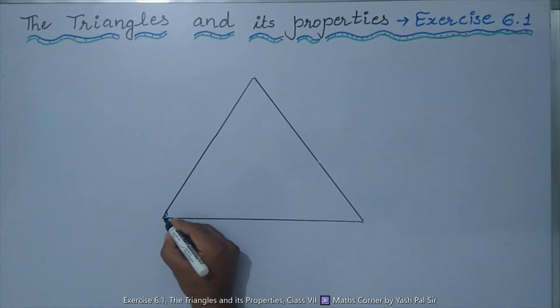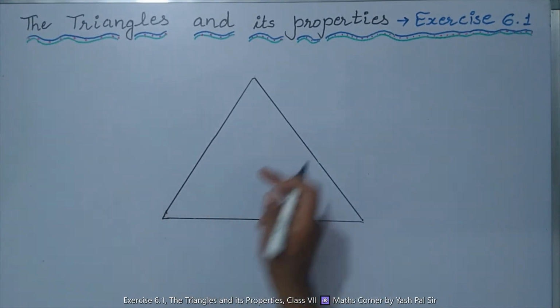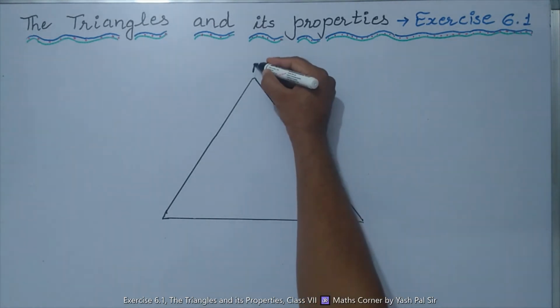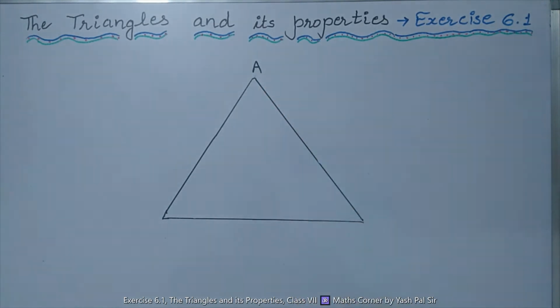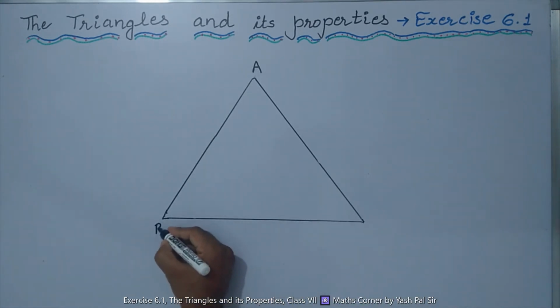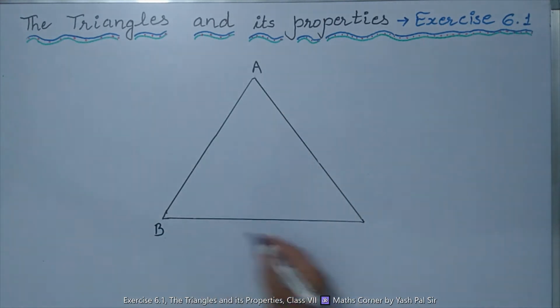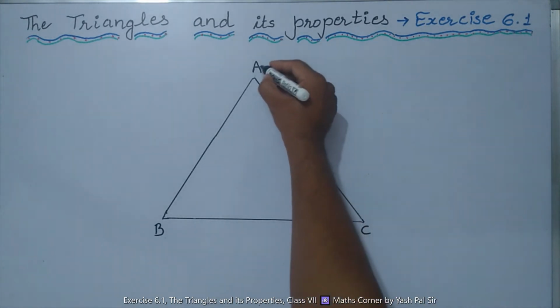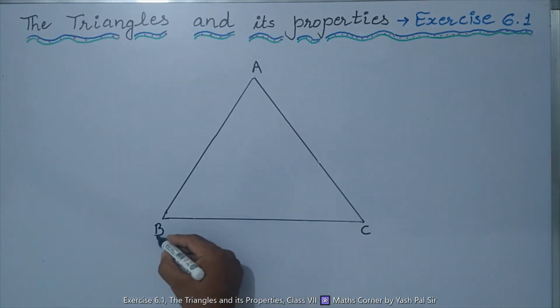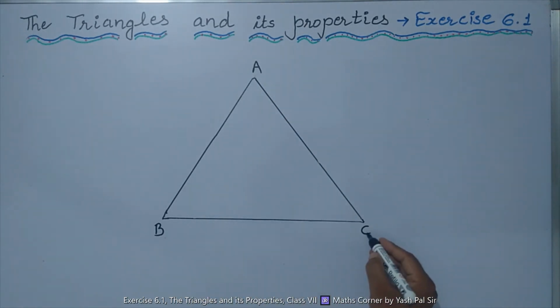Now we have to name this triangle. Suppose this is the first corner, this is the second corner. Name this as A, B, then this is C. The corners of the triangle are called vertices. So this is vertex 1, vertex 2, vertex 3.